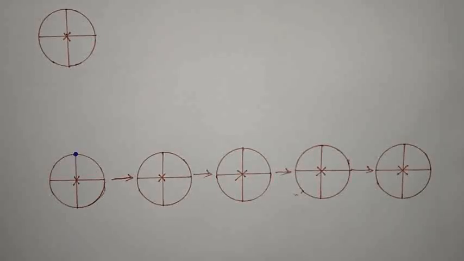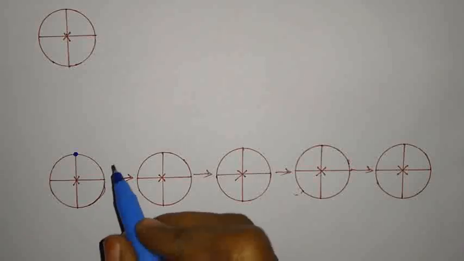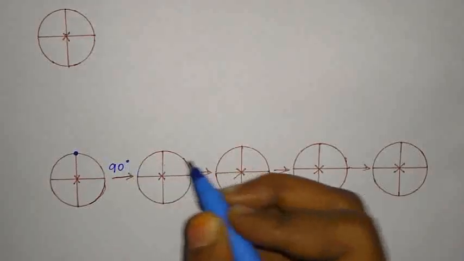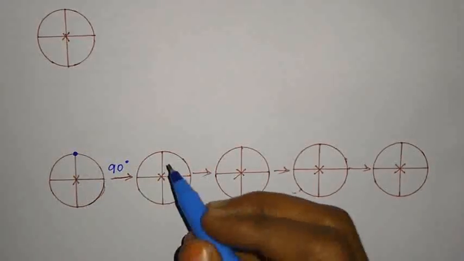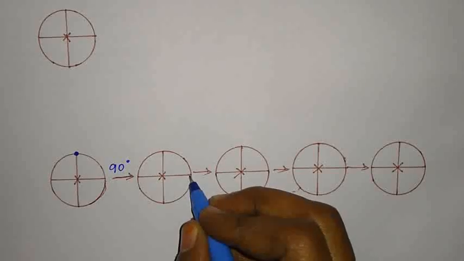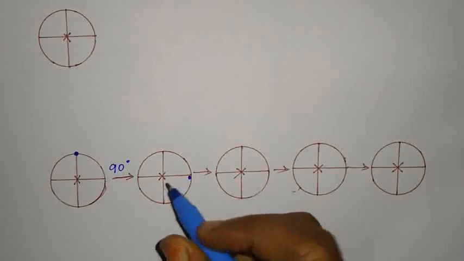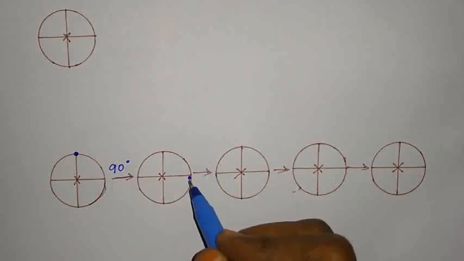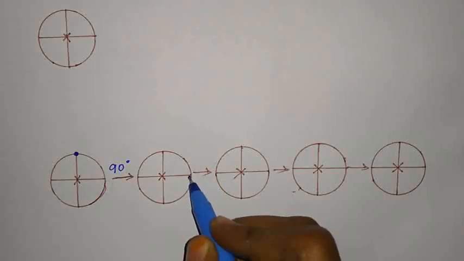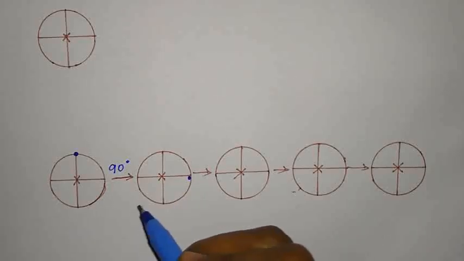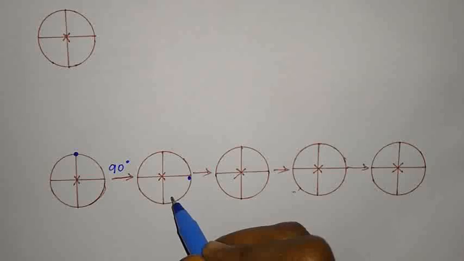Next we are going to rotate this diagram by 90 degrees. When it rotates 90 degrees, this point comes here, and we get this. This is the first order of rotation.